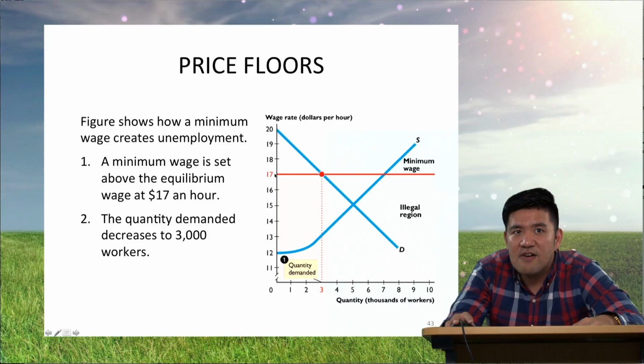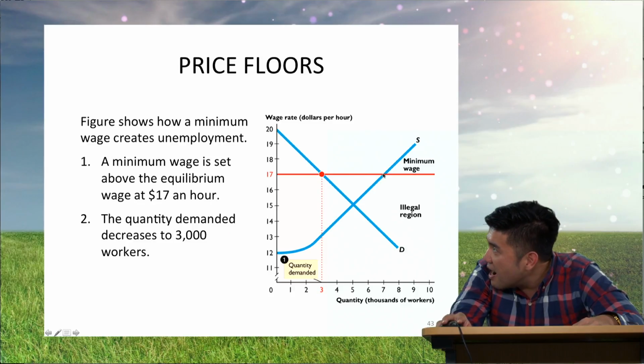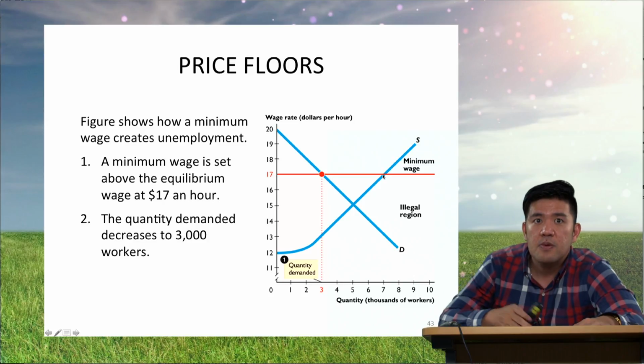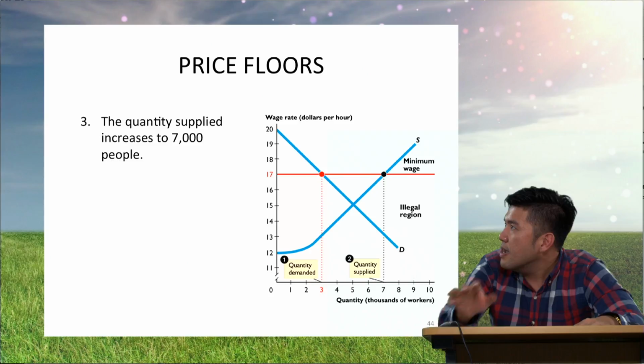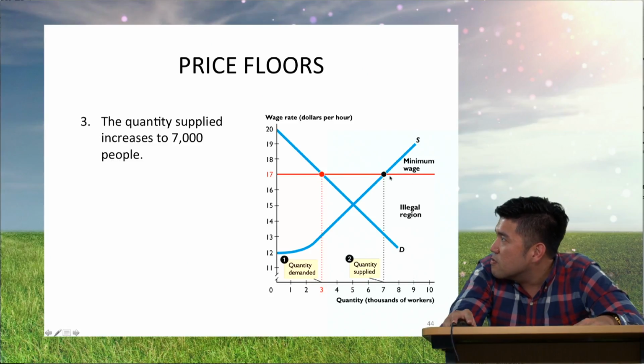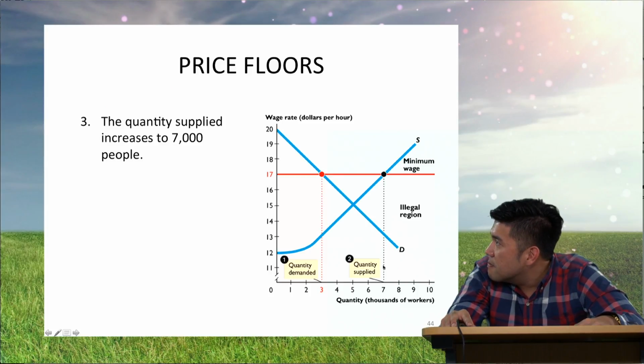At $17, from the perspective of employees, who supply the labor, look at this. At $17, the quantity supplied by the employees is 7,000.